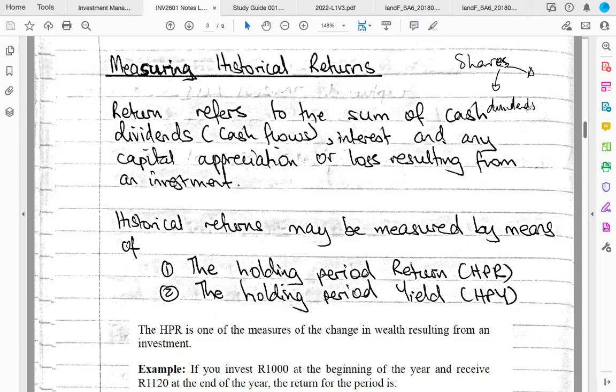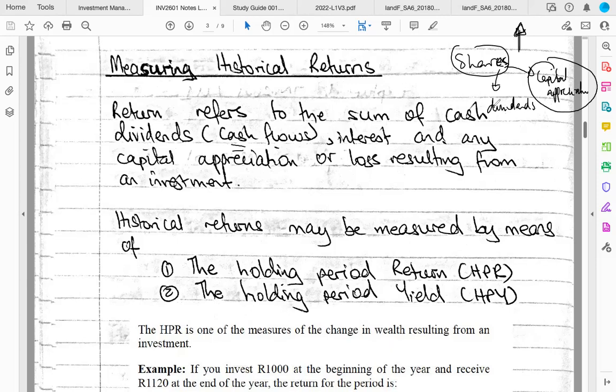You can get a share of the profits in the company. We call those dividends. So those are the cash flows we're referring about. Or your returns can also come from capital appreciation. And by capital appreciation, we mean that the prices of the shares you're holding go up. Like if the prices of the shares you're holding in a particular company go up, we call that capital appreciation, right?